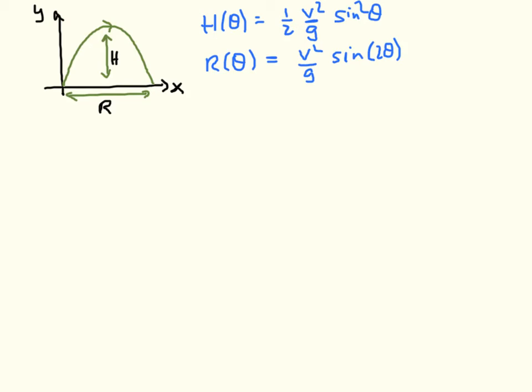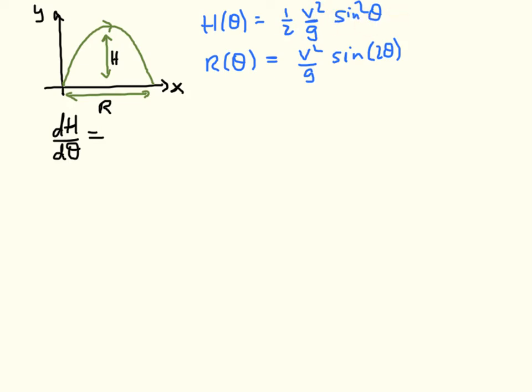So I'm expecting extreme values when theta is 0, that's the smallest possible height, and theta is pi over 2, that's the maximum possible height. So let's just see if we get that from considering this. So the derivative of h with respect to theta is going to be, so we have a half v squared over g, that's constants. Sine squared theta, we'll pull a 2 in front, reduce the power by 1, so that will go to sine of theta.